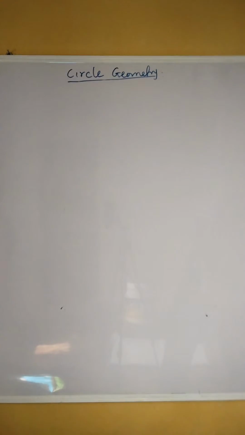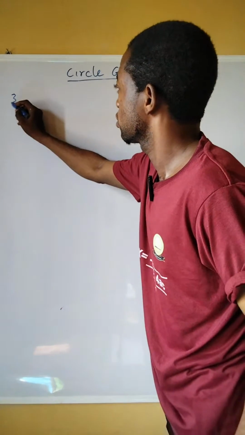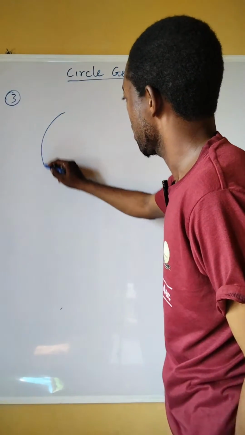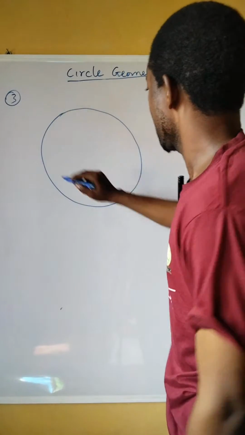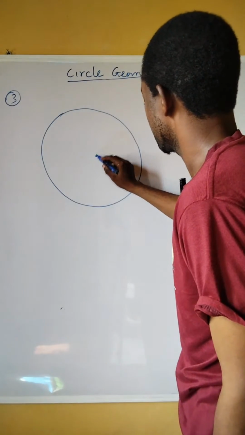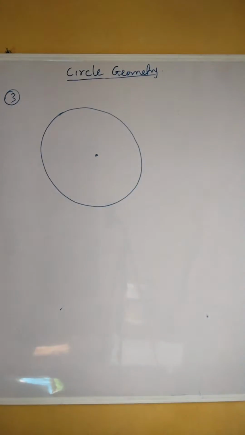We are given this circle with center, and from that center a line is drawn.